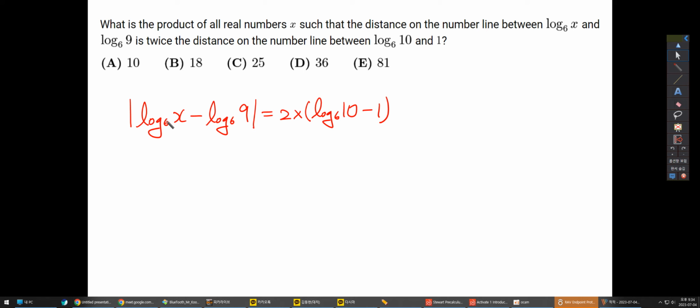Okay, so for the left side, for the logarithm, the subtraction is division when it's combined. For the right side too, the one is log 6, 6 over 6, so it's like 10 over 6.